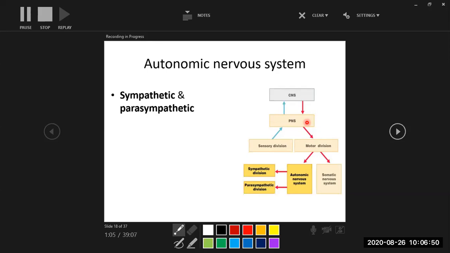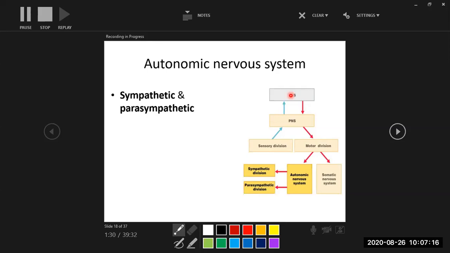That interface can be broken down into two types. One is the sensory, because we need to be able to detect everything around us. And that signal will then be sent to the central nervous system to process it, to make sense of it.